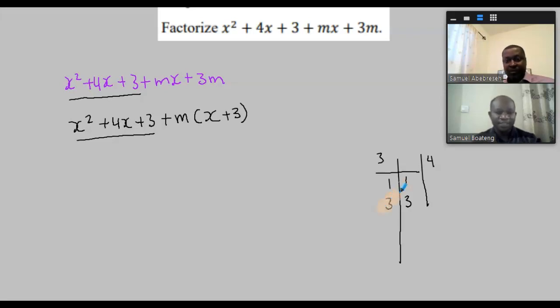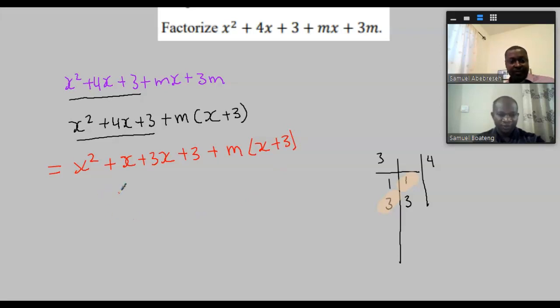Then you break the middle term, which is 4x, into 1 and 3, equal to, bring your equal sign, x squared plus x plus 3x plus 3 plus m into bracket x plus 3.